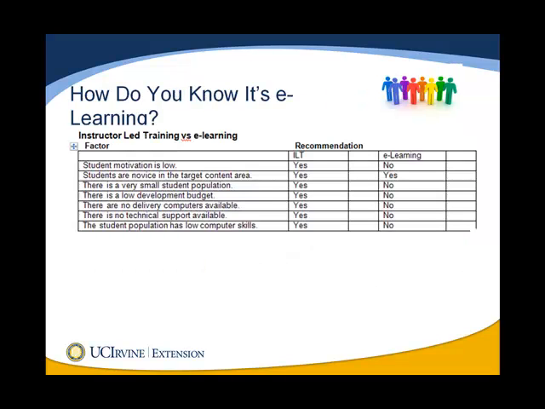So how do you know the solution might be e-learning? If you're not sure, here's an e-learning performance support decision matrix you can use as a tool. The matrix contains a set of criteria that can help determine if e-learning or a different type of approach would work. Once you're done with your performance and target population analyses, you might then use this matrix.